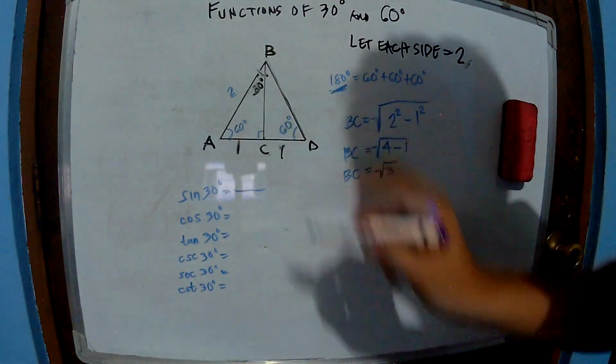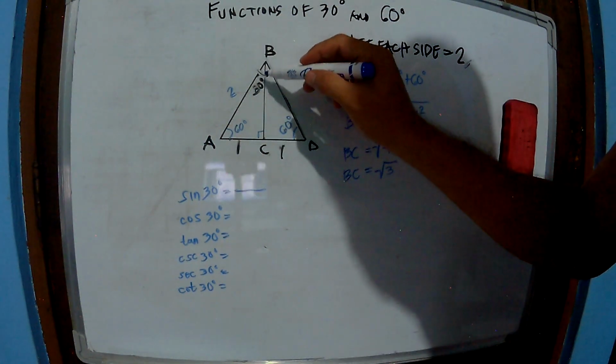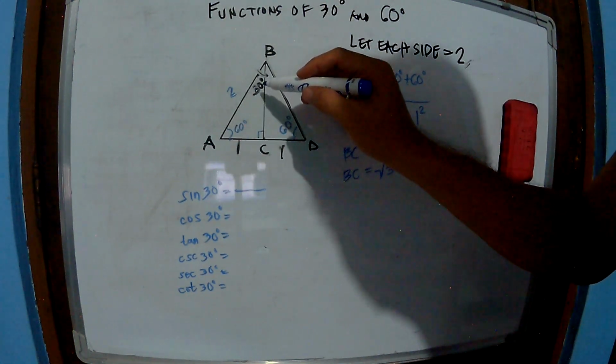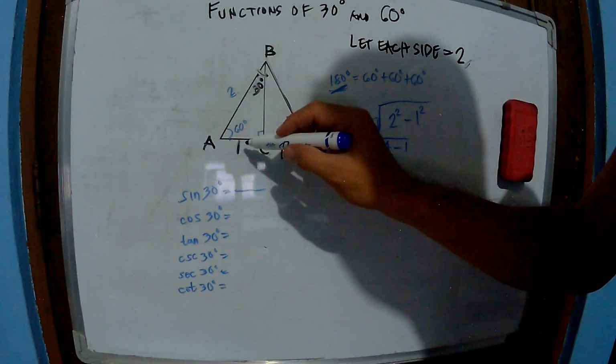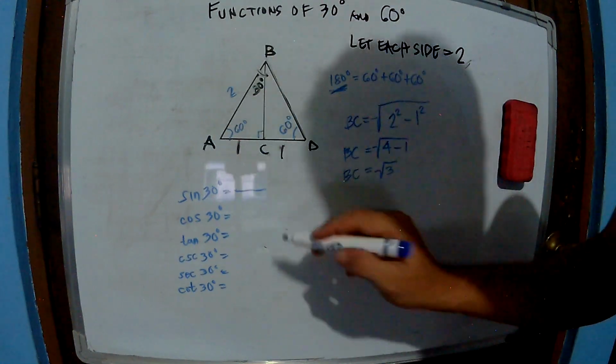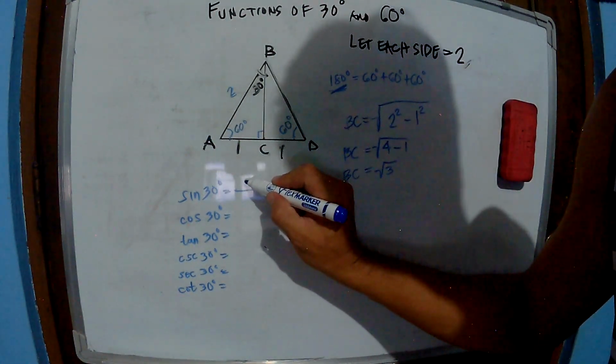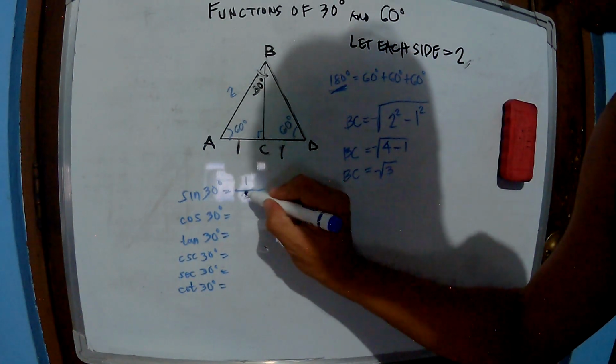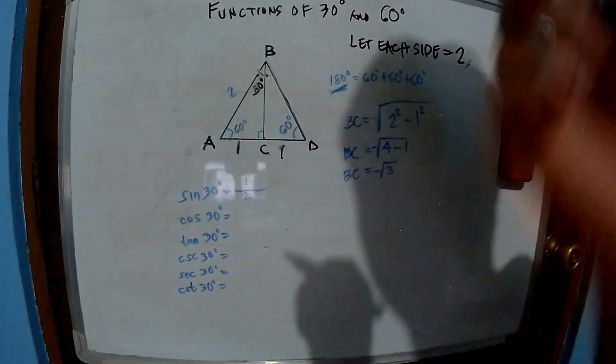so sine of 30 degrees from this triangle ABC, that will be opposite over hypotenuse, so that will be 1 over 2 or 1/2.